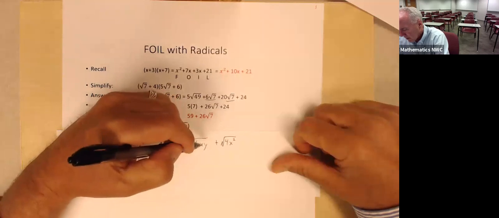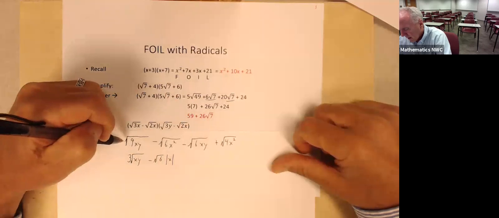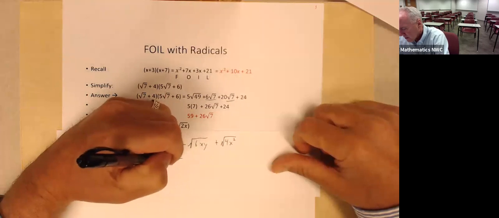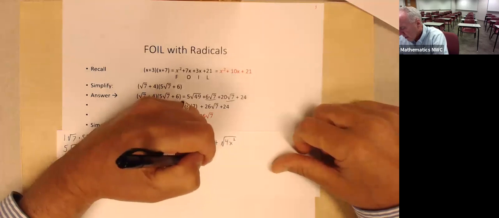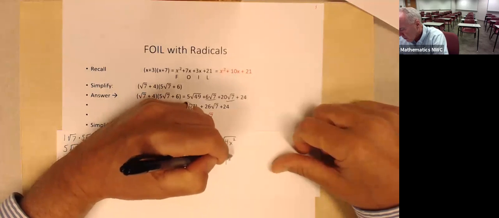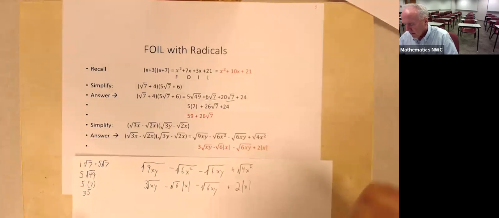This one cannot be changed, it cannot be combined here. I shouldn't say that, I guess it can be combined, no. It cannot, it's not the same. So I have to leave that one as radical 6xy. This one finally can be 2 absolute value of x. And that becomes my answer.